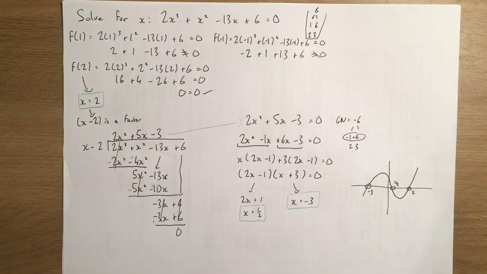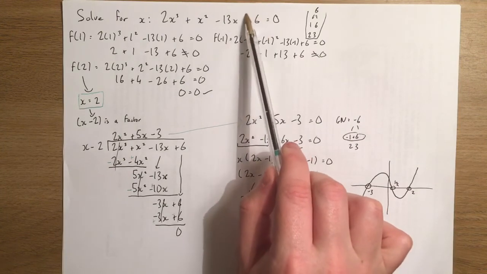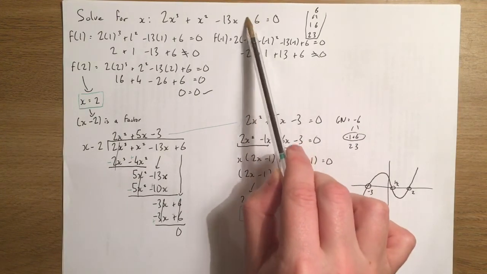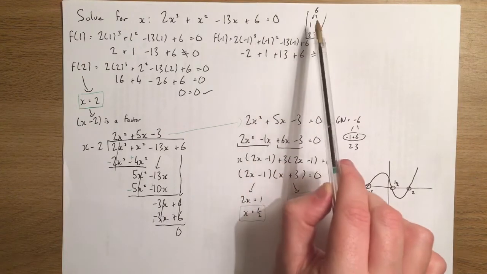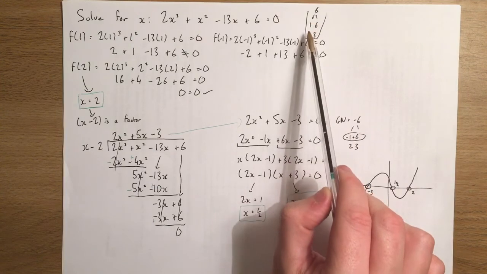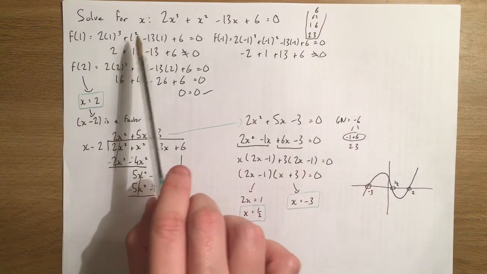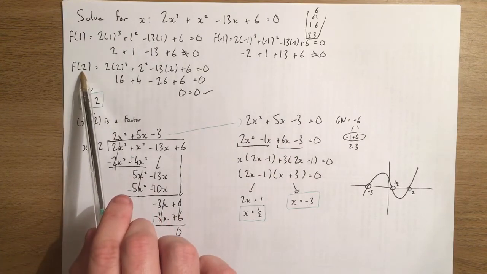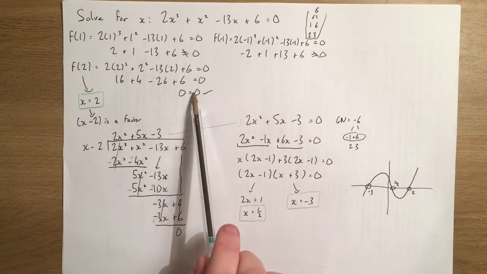Okay, so just to recap the procedure then, to solve this cubic equation, I find the first root or solution by trial and error. The only numbers I need to try are factors of this constant at the end, so factors of 6, so 1 and 6, 2 and 3. Try them in order, so 1, then minus 1, 2, then minus 2, etc. 1 didn't work, minus 1 didn't work, it didn't give me 0 equals 0. 2 worked, so when I sub 2 into this, I got 0 equals 0.